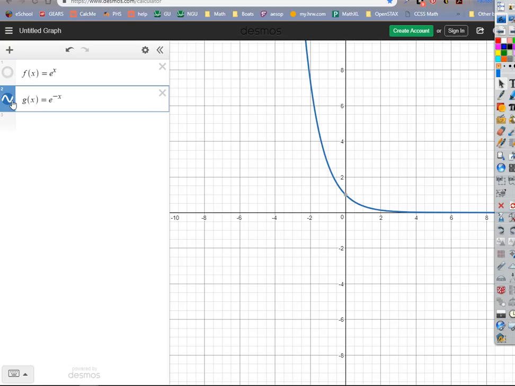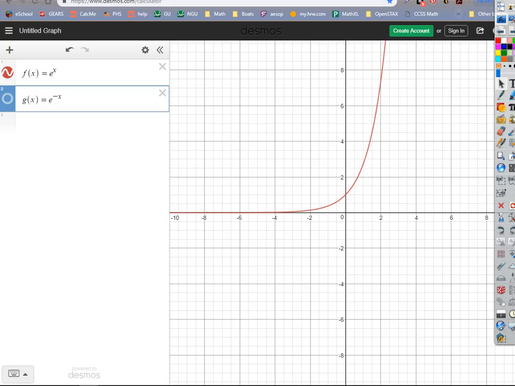In both cases, that makes sense. As x approaches positive infinity, the blue function approaches 0. As x approaches negative infinity, the red function approaches 0. We can see that.